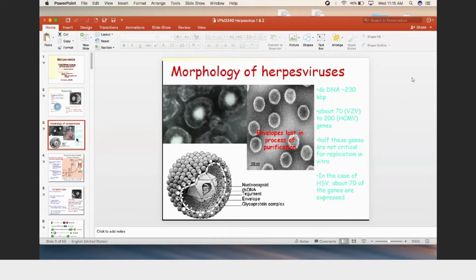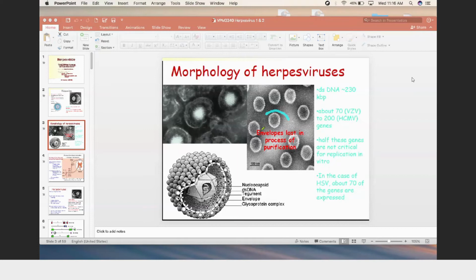Next, morphology of herpes virus. See that? Even though under the microscope it looks like the previous one, there are variations. It can look like this, but in this case there is no envelope, just the capsid, because this is actually purified virus.